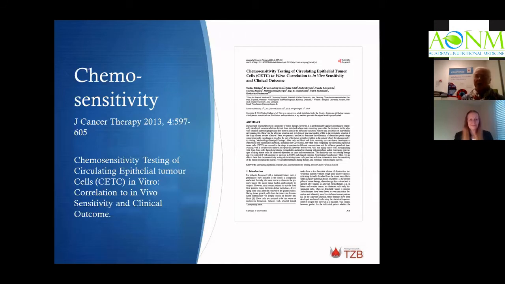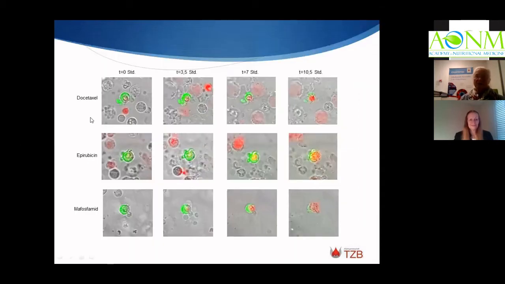So how do we test these agents for their ability to kill the cells? We have called it chemosensitivity testing and published it in 2013. What we do is we look at one and the same cell over time with the addition of a drug. And as you can see, over time, this cell, which first looks quite happy, dies.